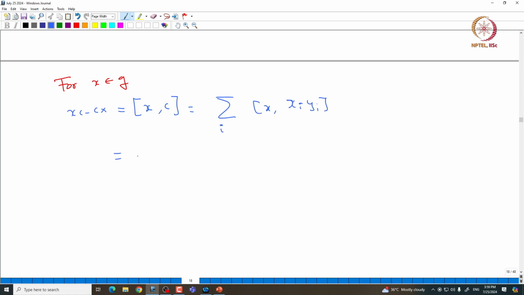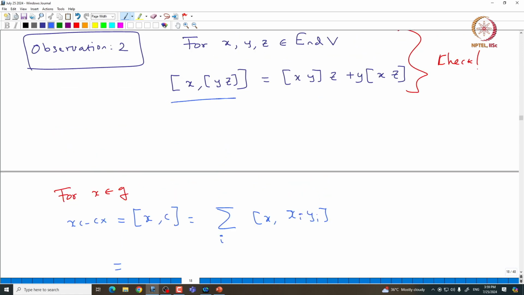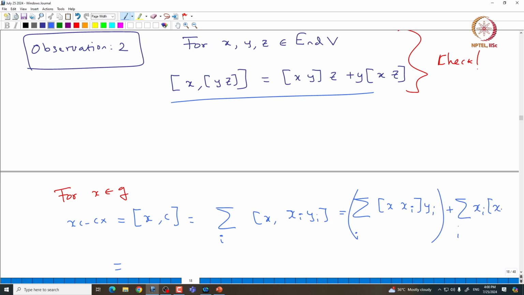So, now just use this identity, then you can rewrite this as the summation over i of [x, x_i] y_i, and then plus the summation over i of x_i times [x, y_i]. Okay. So, you get 2 summations.